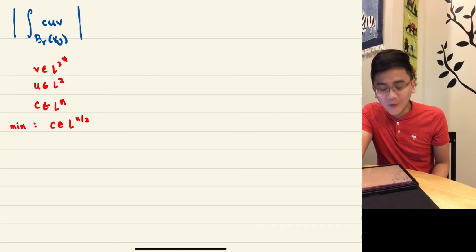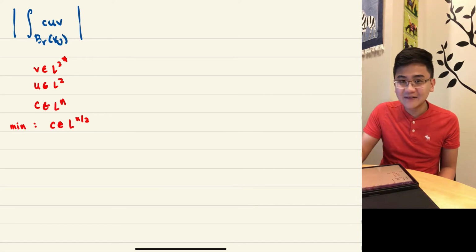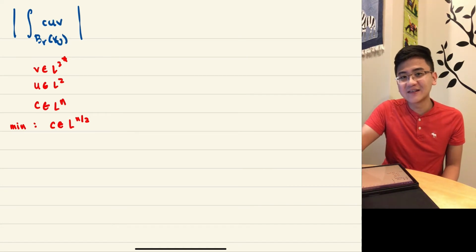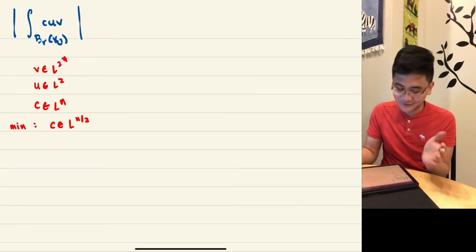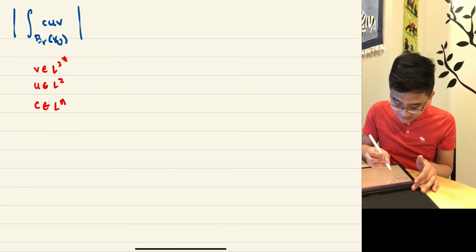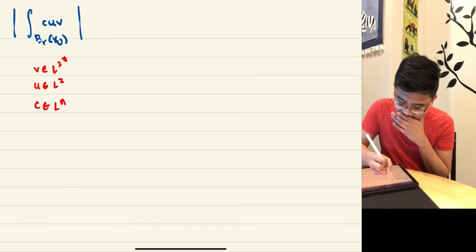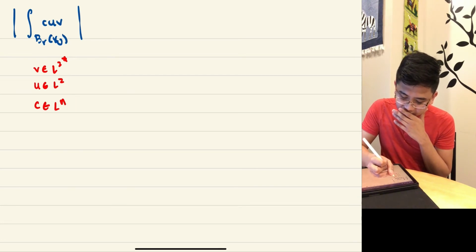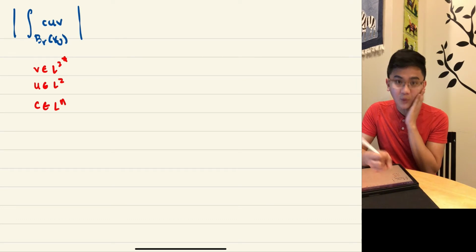What I do know is that if C is in L^n, then we can show that U is in C^alpha. You might be wondering, how did I think of L^n? It's just 1 minus the reciprocals of these, and that would give you 1 over n.